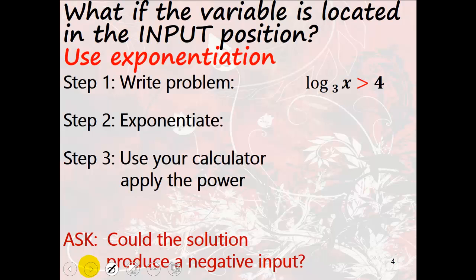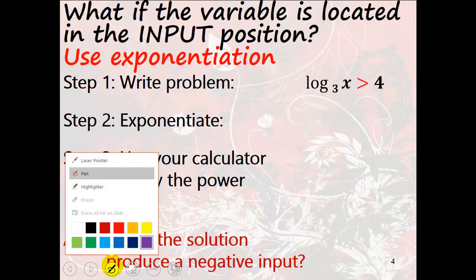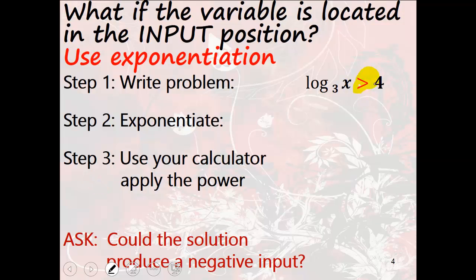All right, so what happens if our variable is in the input position and we have a greater than sign? Well, luckily, we're going to do the exact same thing. We're going to apply exponentiation, and then make sure that we prevent our input from going negative.